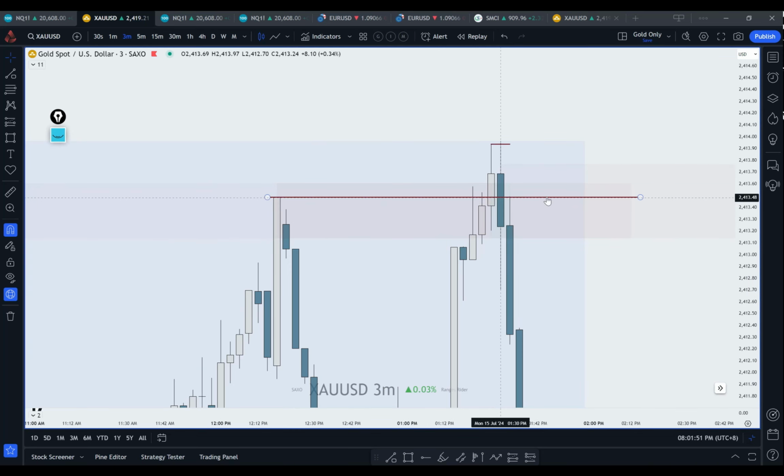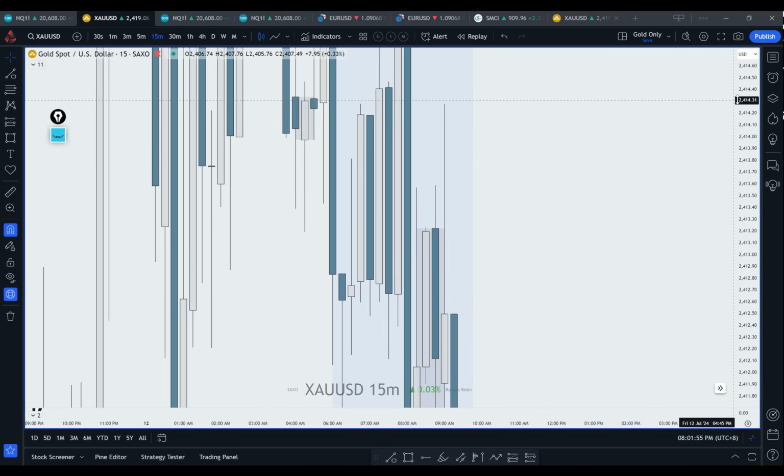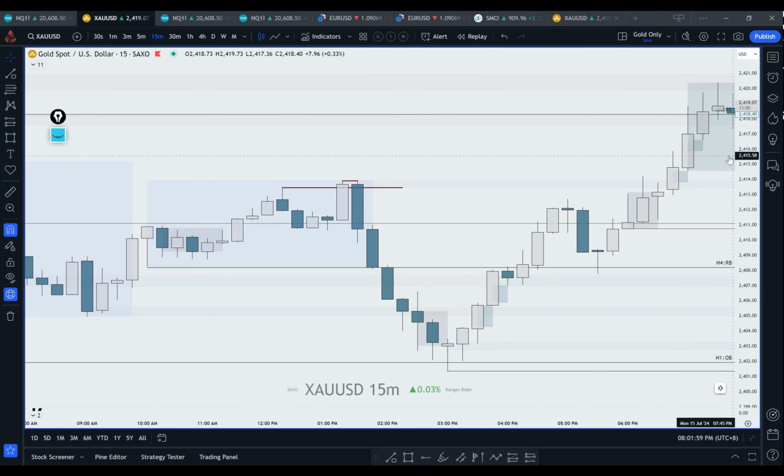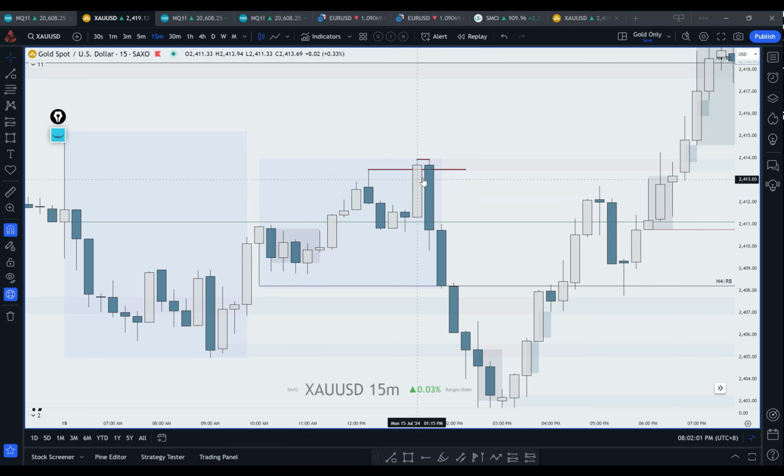And then on the higher time frame, 3-minute versus 15-minute, you see that the price closed above and then rejected. So this turned into what? The order pairing.